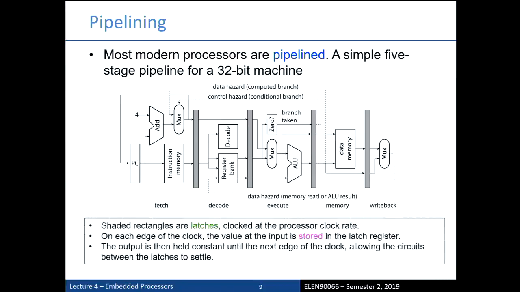It's a 32-bit machine. What does a 32-bit machine mean? It means that the instructions are 32 bits wide. So you've got bit 31 down to bit 0. That's how wide your instructions are. Every instruction is 32 bits wide.